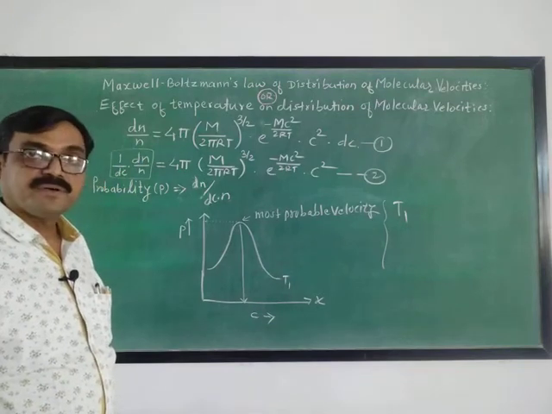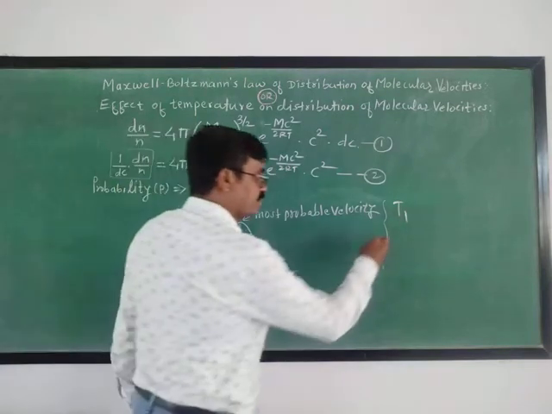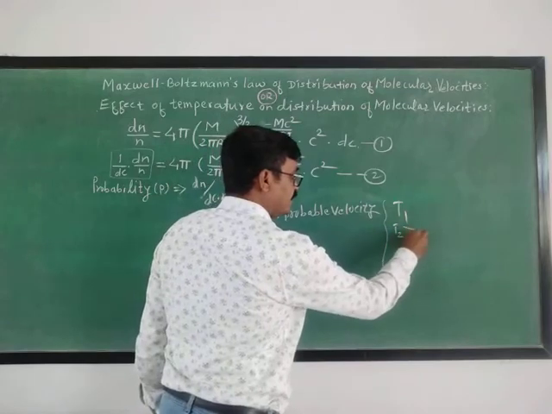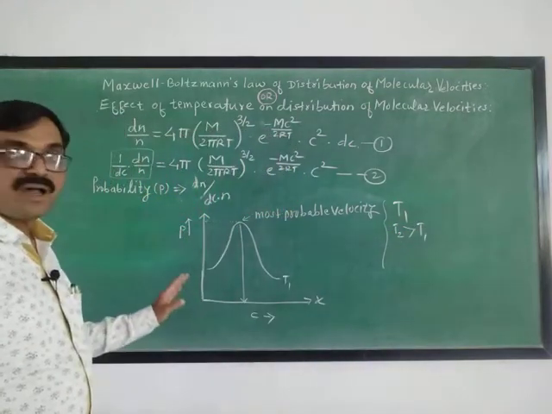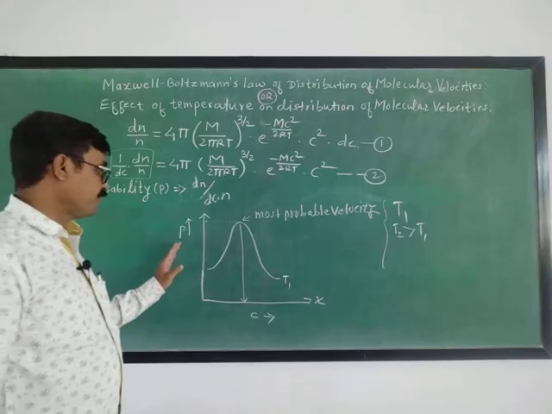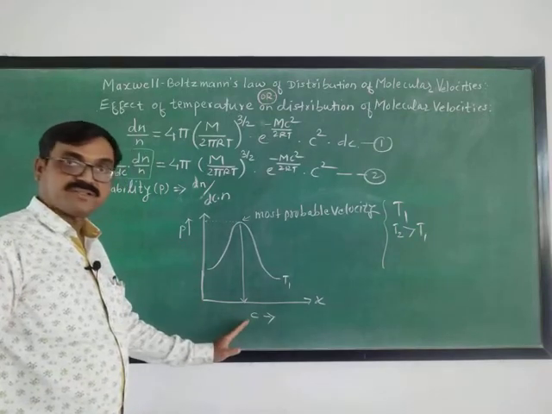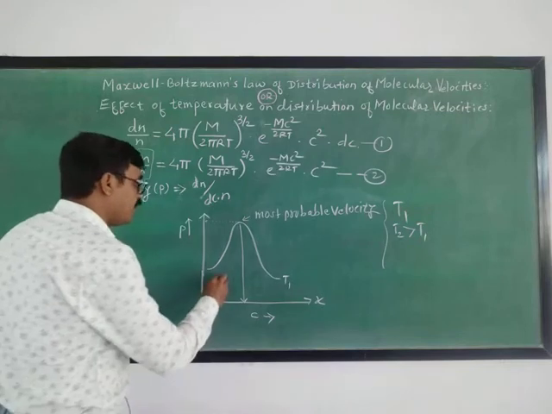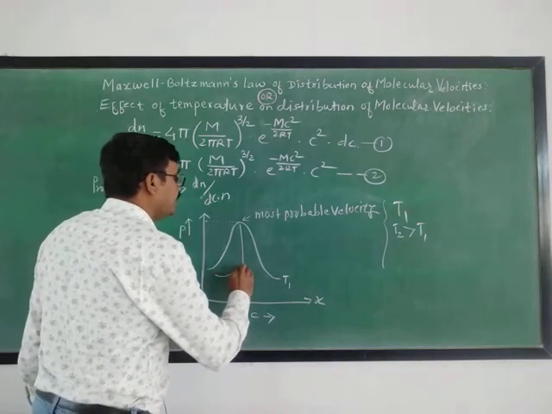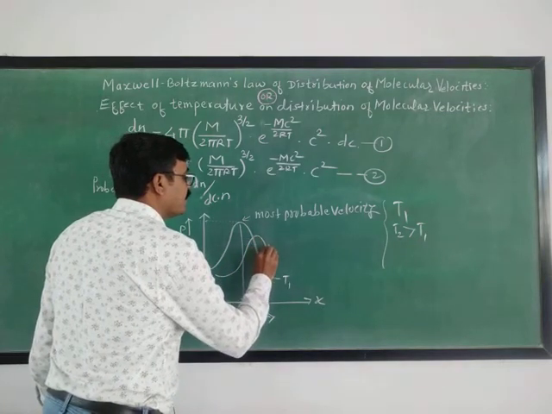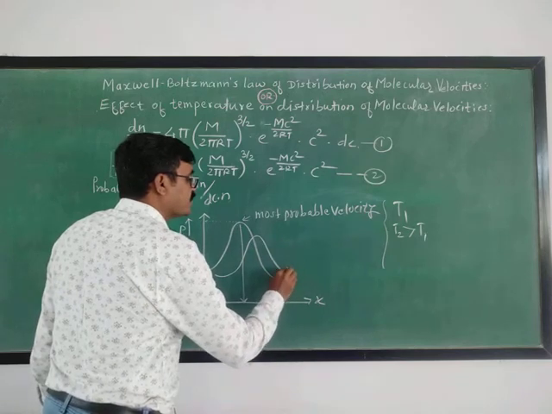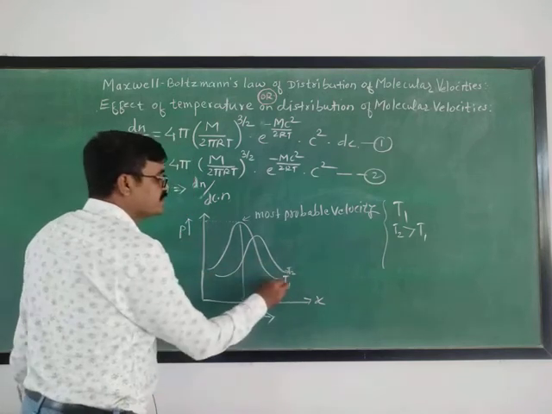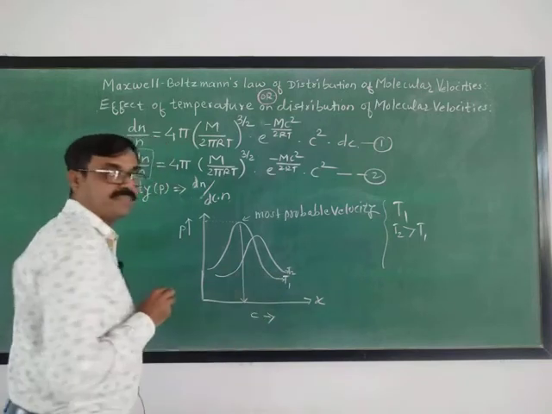Now, if the temperature is increased, it will be T2, and T2 will be greater than T1. Then if we plot a graph of probability versus velocity, this curve will be obtained at temperature T2, and this one is obtained at temperature T1.